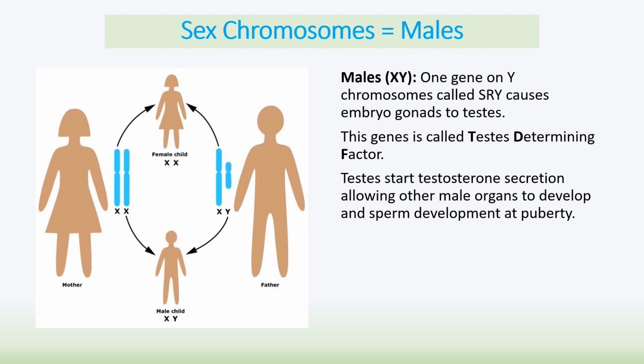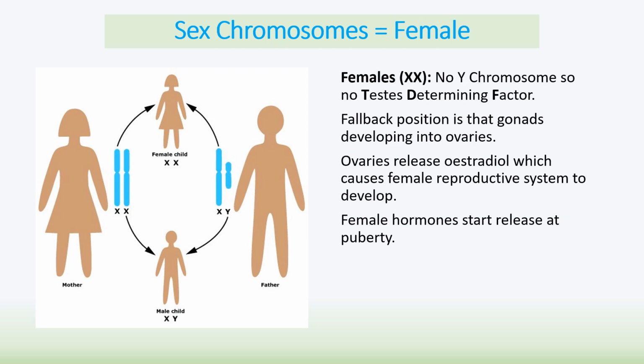So that explains why the Y chromosome leads to male. With no Y chromosome, there is no testes determining factor. The fallback position, if you don't have the release of this hormone, is that the gonads become ovaries. Ovaries release estradiol, which causes the female reproductive system to develop, and the female hormones start to be released at puberty.